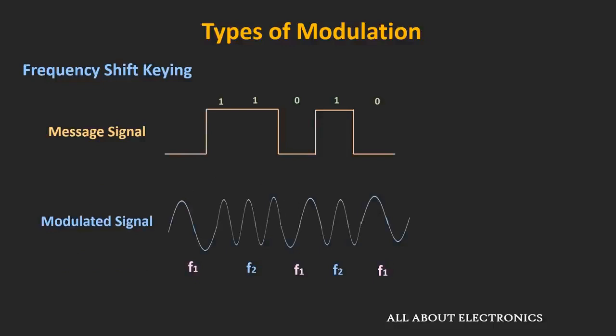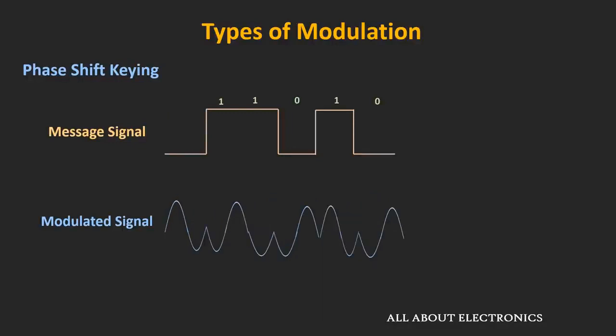Similarly, in frequency shift keying, the frequency of the modulated signal changes according to the digital bit stream. Here, the binary 1 is represented by one frequency, while the binary 0 is represented by a different frequency. Likewise, in phase shift keying, the phase of the modulated signal is changed according to the digital bit stream.